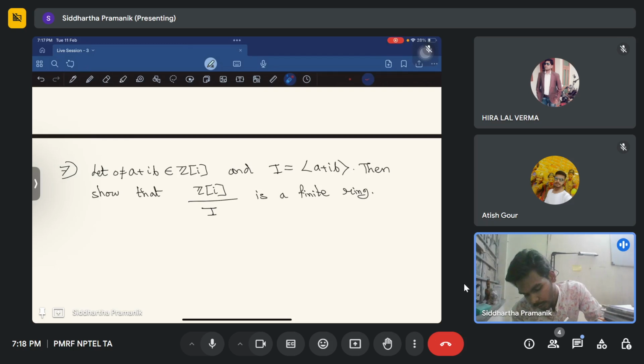So if you take a non-zero Gaussian integer and go modulo the ideal generated by that element, then you will always get a finite ring.